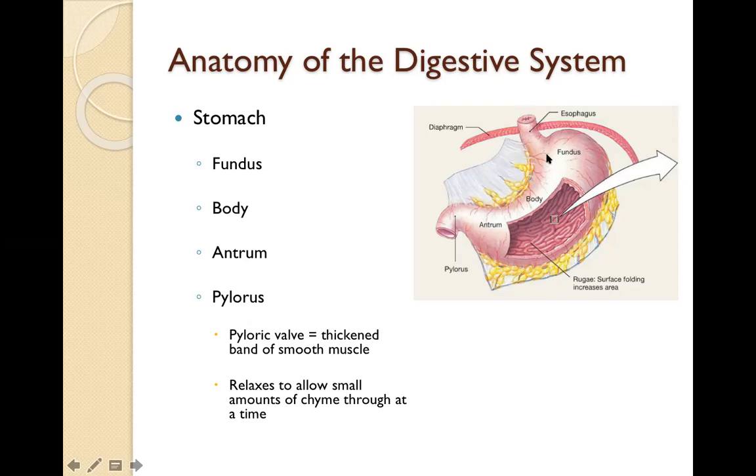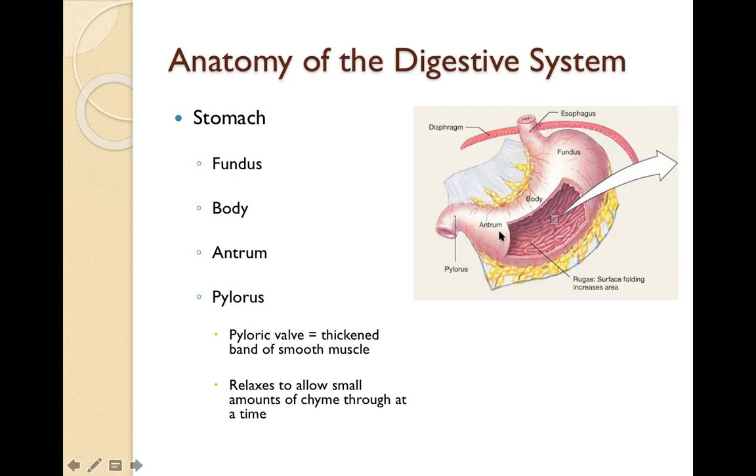Major parts of the stomach include the fundus of the stomach. This fundus is just the area that extends beyond where the esophagus connects to the stomach. So anything above that is really referred to as the fundus. The main part of the stomach is the body of the stomach. Right after the body of the stomach, there's a small area where it starts to narrow.